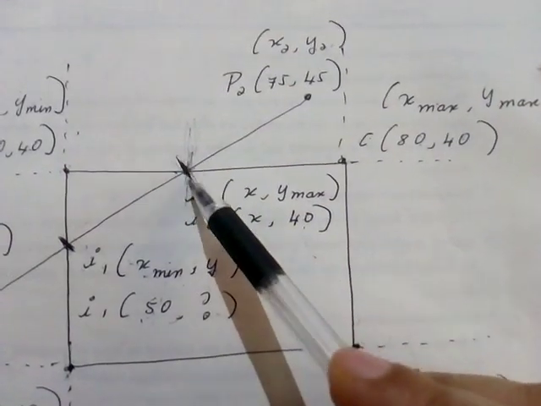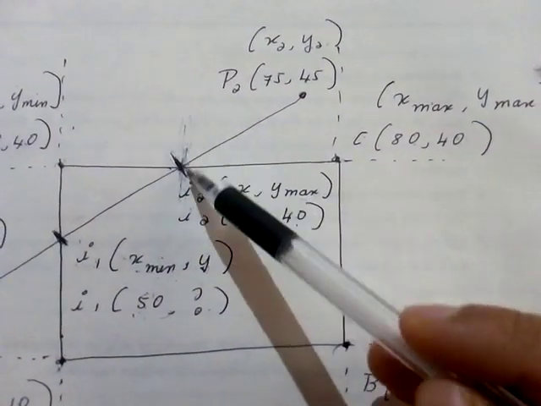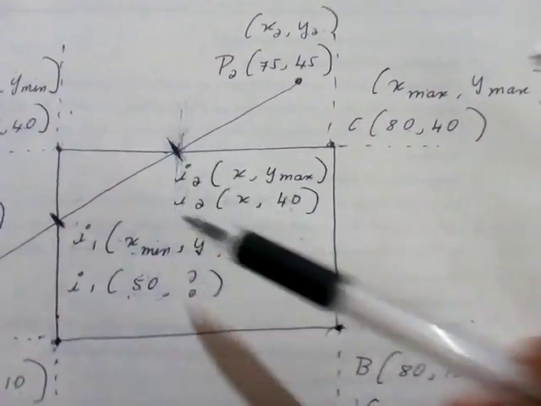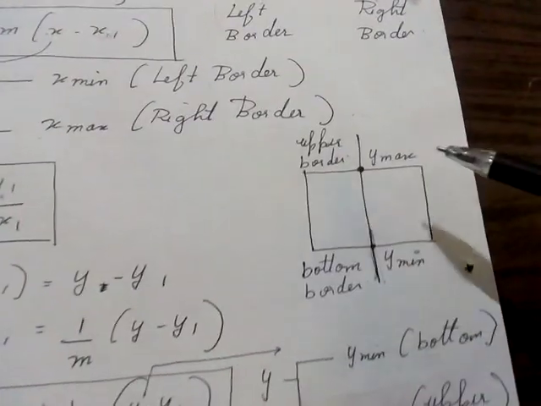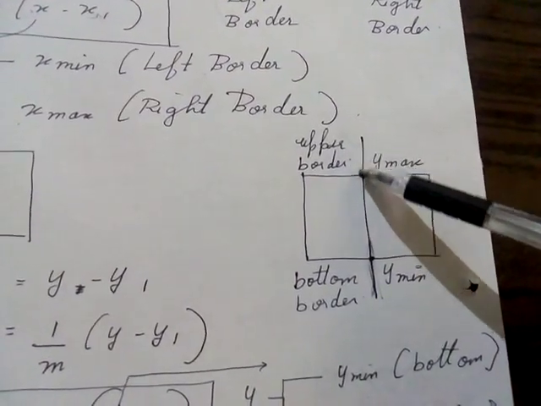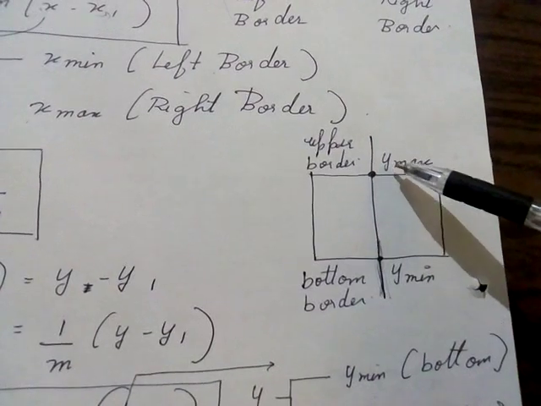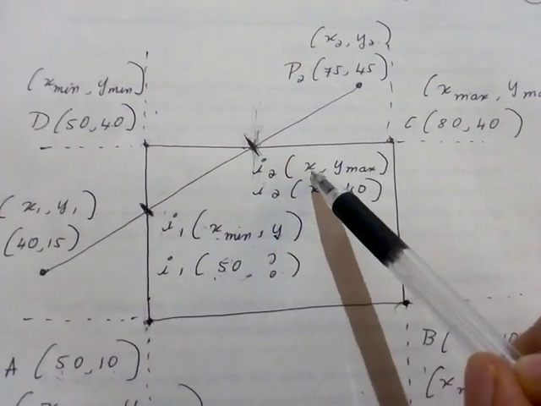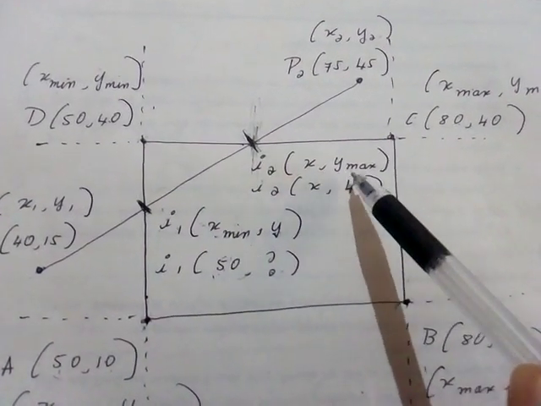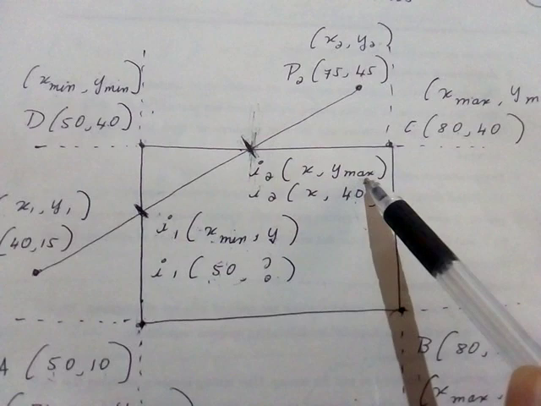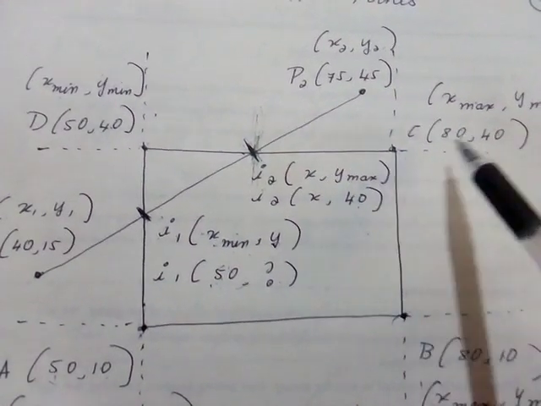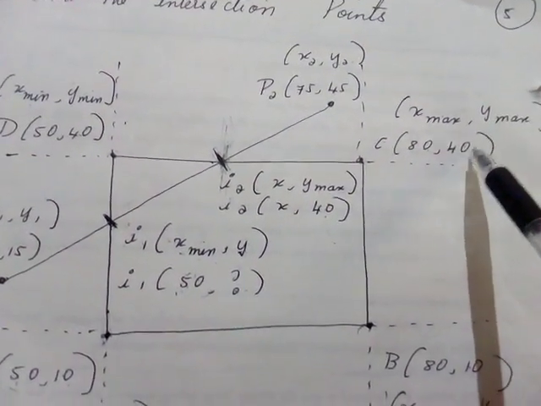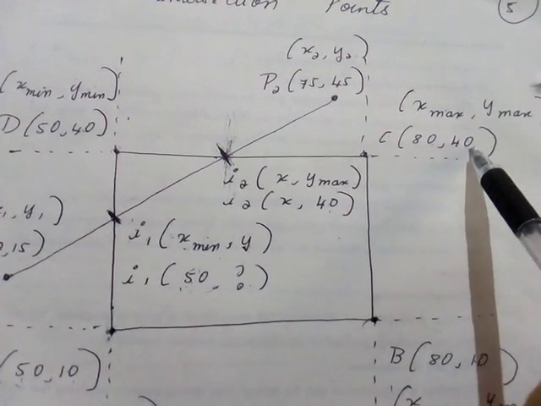Next, intersection 2. This is the upper border. According to the previous diagram, if a line is crossing the upper border, we have to take Y as Y max. So as the line is crossing the upper border at I2, here we should find X and Y should be taken as Y max, and Y max here is 40.